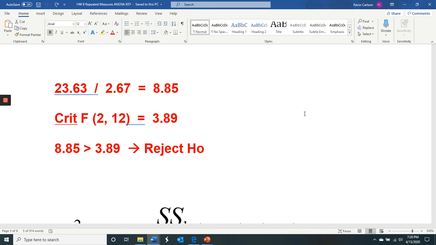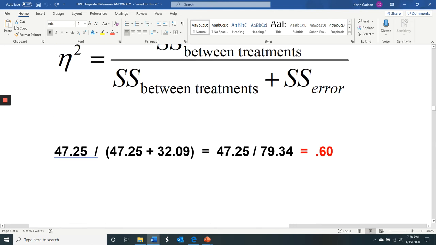So our F that we calculated, 8.85, is greater than 3.89, so we reject the H0. So there is some sort of difference in hospital admissions based on the moon cycle. We don't know what those differences are. We just know there's some difference. So we will have to do a little eyeball scanning because we aren't going to hand calculate post-hocs.